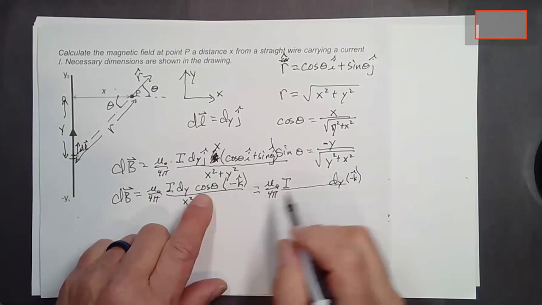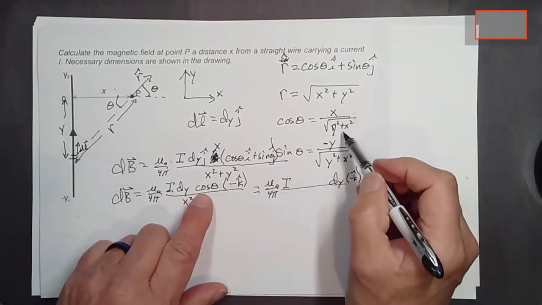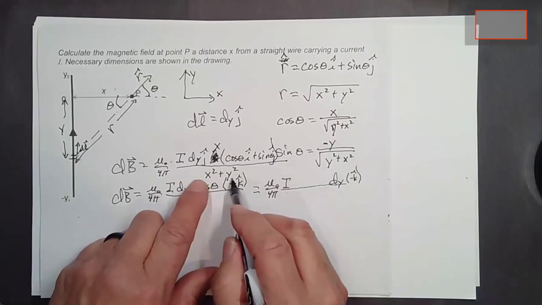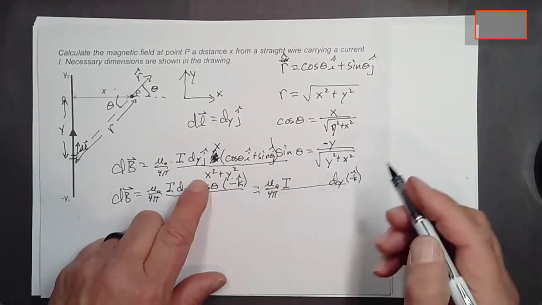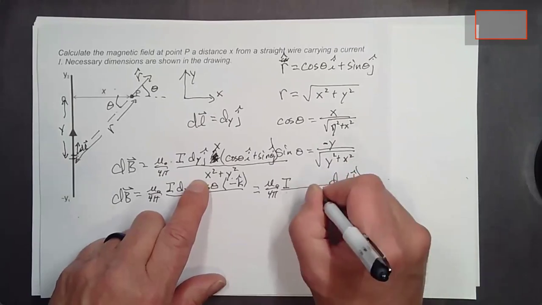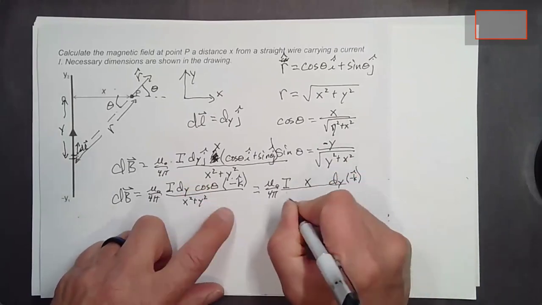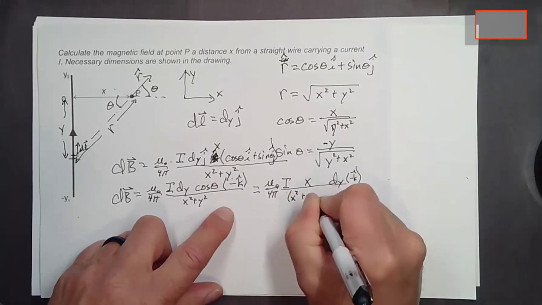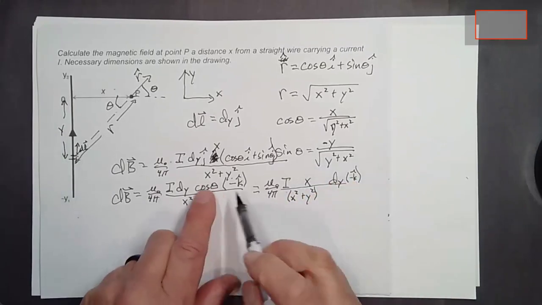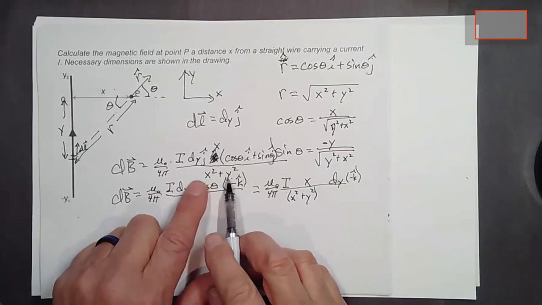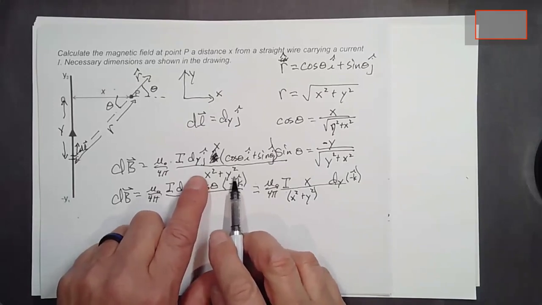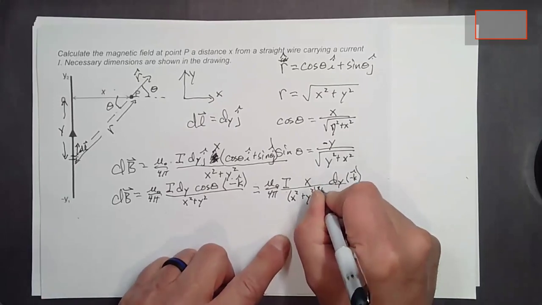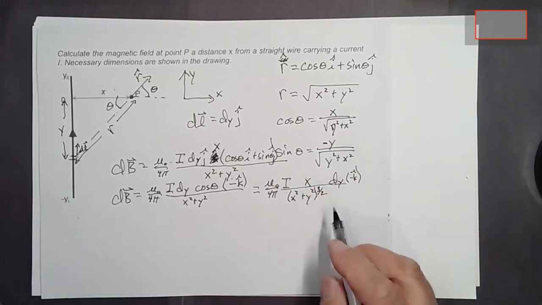And the cosine of theta has x over the square root of x squared plus y squared. I've already got an x squared plus y squared down here. That will end up giving me x over x squared plus y squared, and this is like the 2 halves, and then I've got another 1 half. So this will be to the 3 halves here, is what I get there.